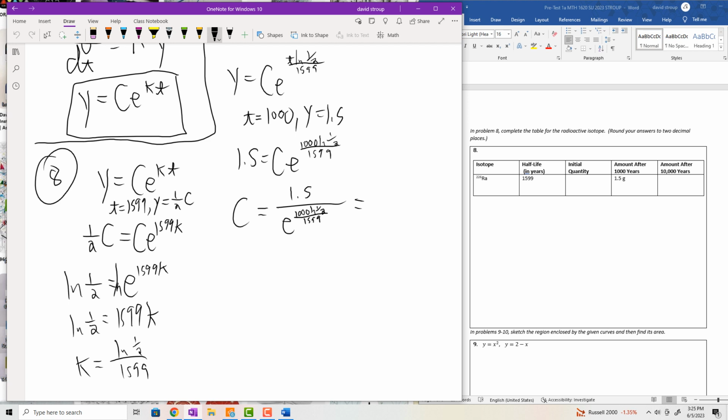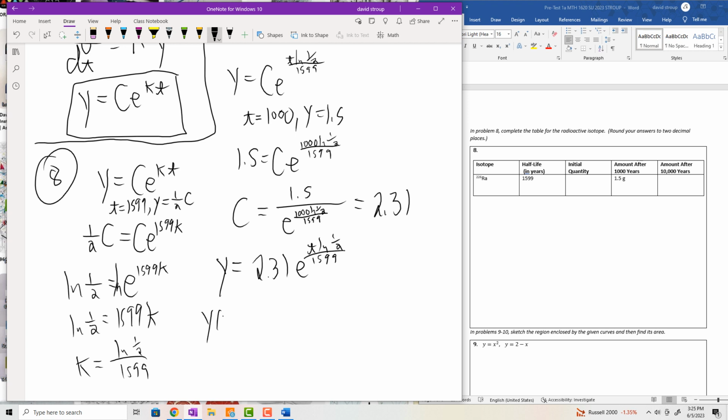Hopefully that'll work. 2.31 to 2 decimals. So the thing that goes into the third column, the initial value, is 2.31. Then we could write our equation officially as 2.31 e to the t ln of 1/2 over 1599, and use that to solve out for any other unknowns.